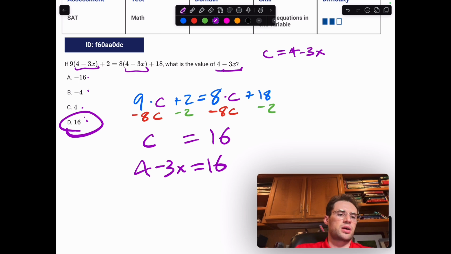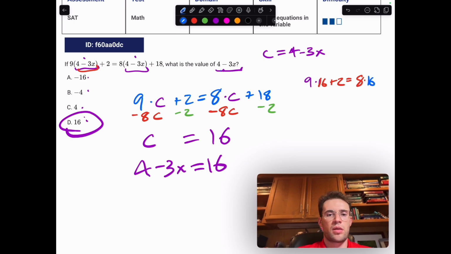To check that, you could plug the 16 in here and here. So 9 times 16, because this whole thing is 4 minus 3x, plus 2 should be equal to 8 times 16 plus 18. Which actually makes sense because you've got 8 16s here plus another 16 plus 2, and here we've got 8 16s plus another 16 plus 2.